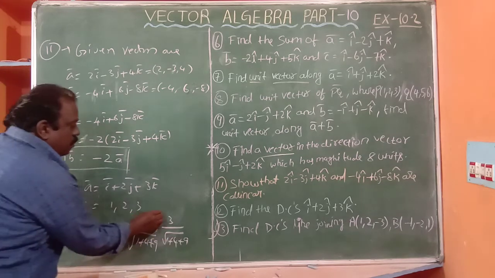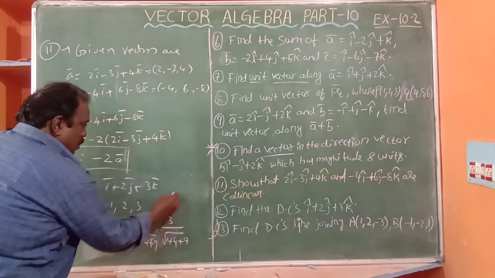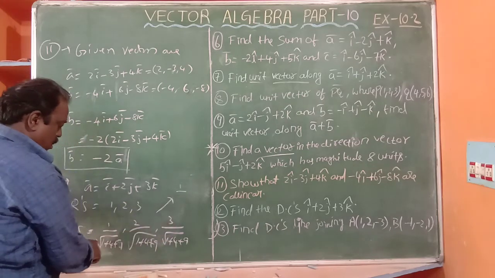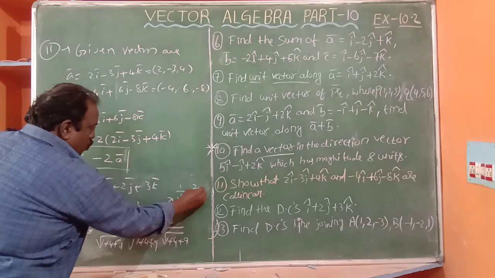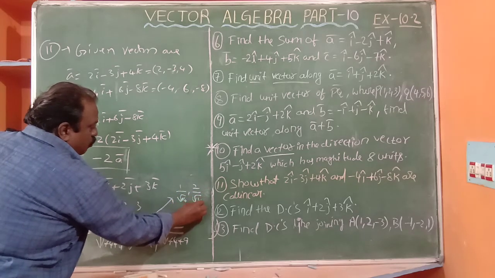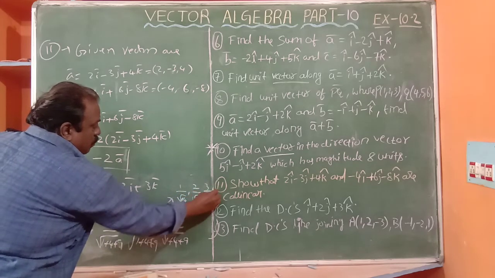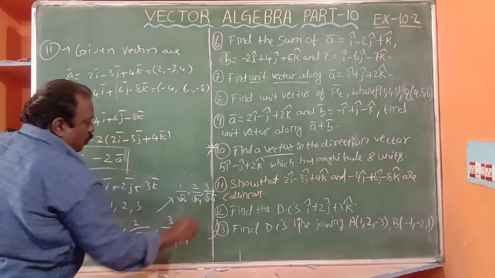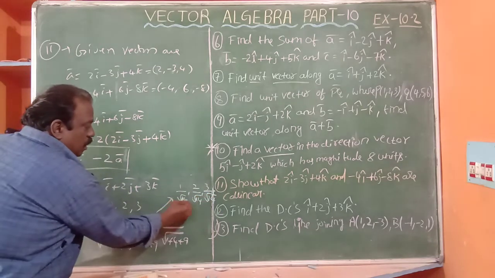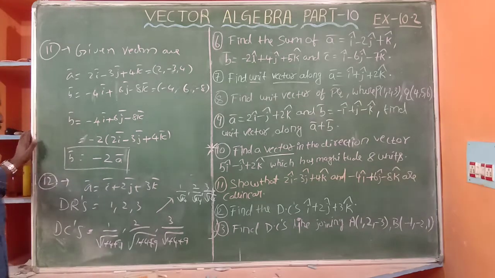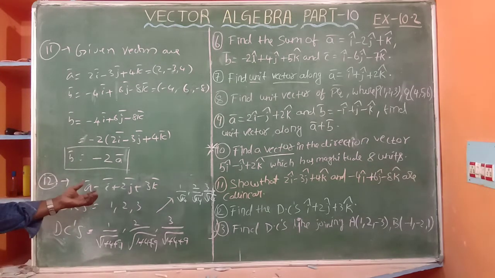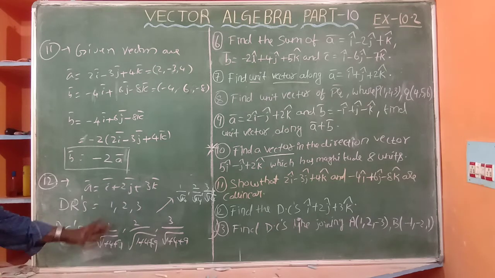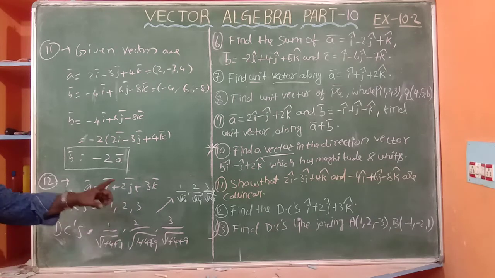Very clearly we may write it as 1 by root 14, 2 by root 14 and 3 by root 14. Like that, they are the DCs. First you find the DRs and then you divide by the square root of the sum of squares of the components.